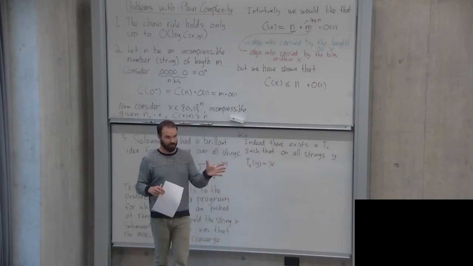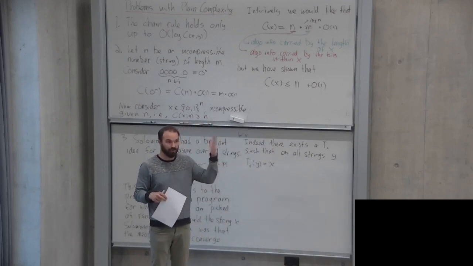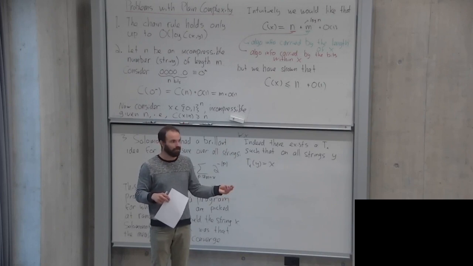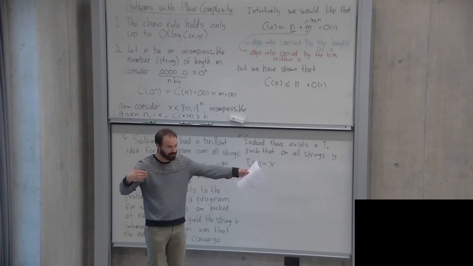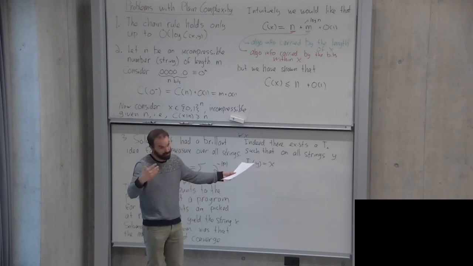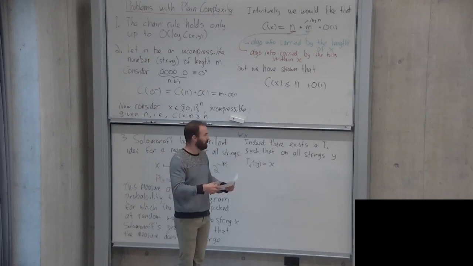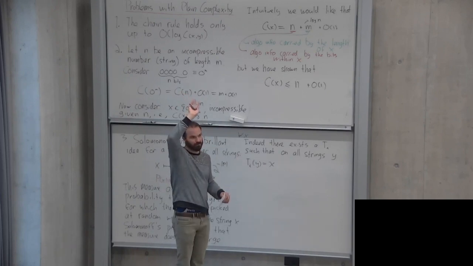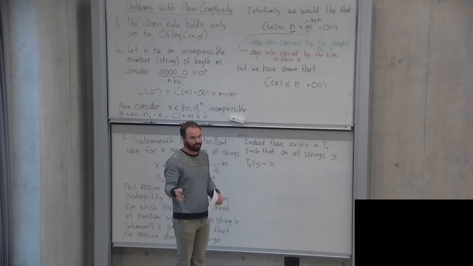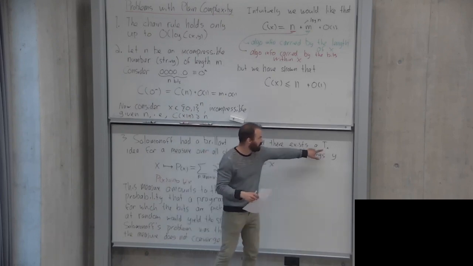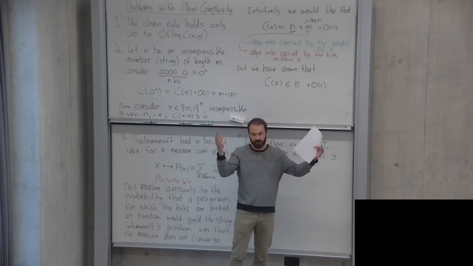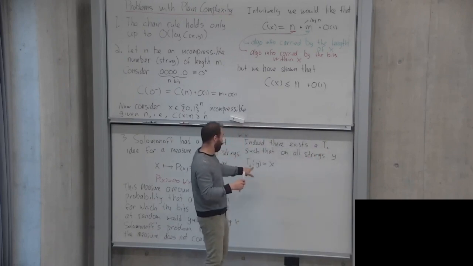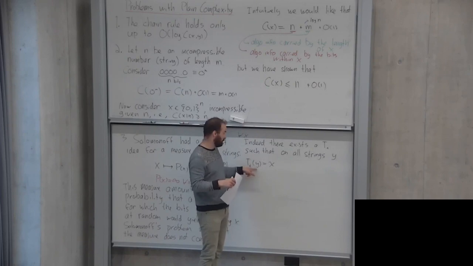You can come up with a Turing machine who has x embedded into it. Its rules ignore its input. It is going to have large rules. The complexity of the rules of the Turing machine will be as large as the complexity of x, if you want. But it's going to ignore its input y, and it's going to just print x. So it's a large and complex i, but that doesn't matter. For each x, there exists a Turing machine which ignores its input and prints x. So, for all its input, it yields a halting computation, and it prints x.